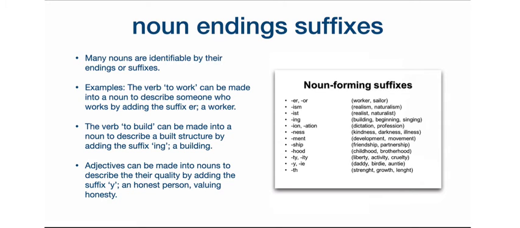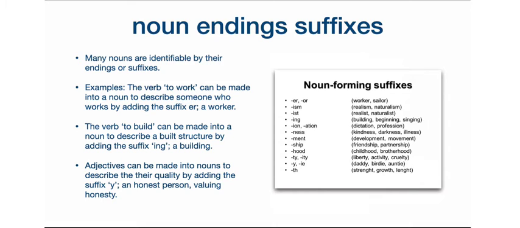Okay, many nouns are identifiable by their endings or suffixes. In other words, words convey ideas, concepts, and where they belong in the sentence, their form, their spelling changes to conform to where they belong in the sentence.